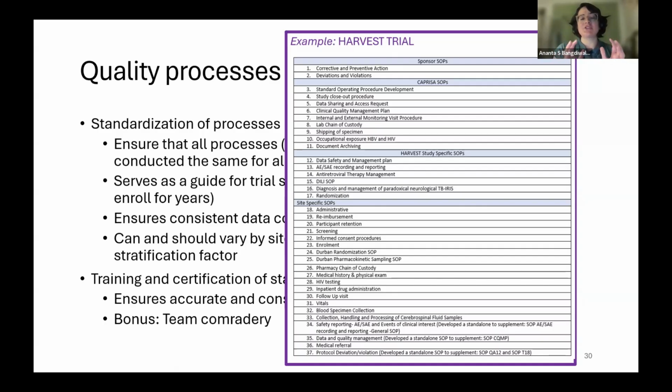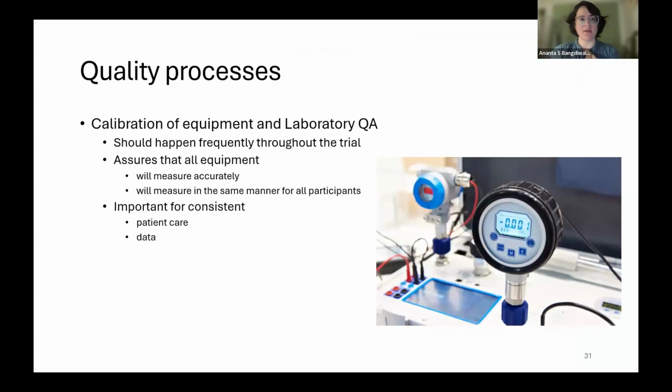Each site could determine their own procedures, and they still needed to document them and share them with the overall team, so that, again, everyone is aware and on the same page.